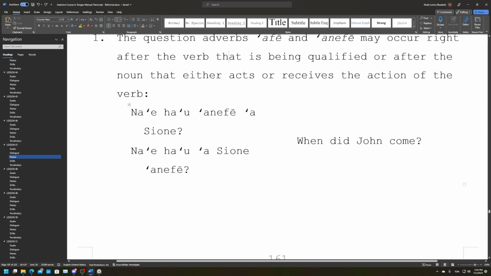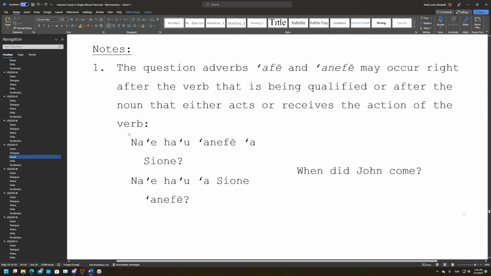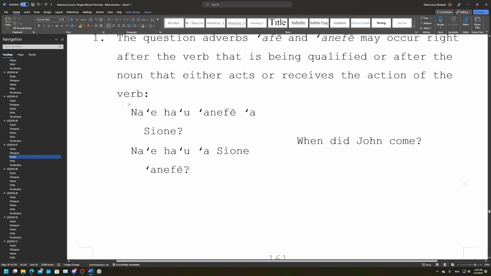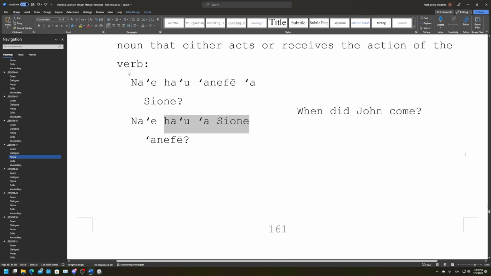Both are perfectly acceptable. Sometimes it's important to keep the verb and noun together, and so you can have the anefe after it.